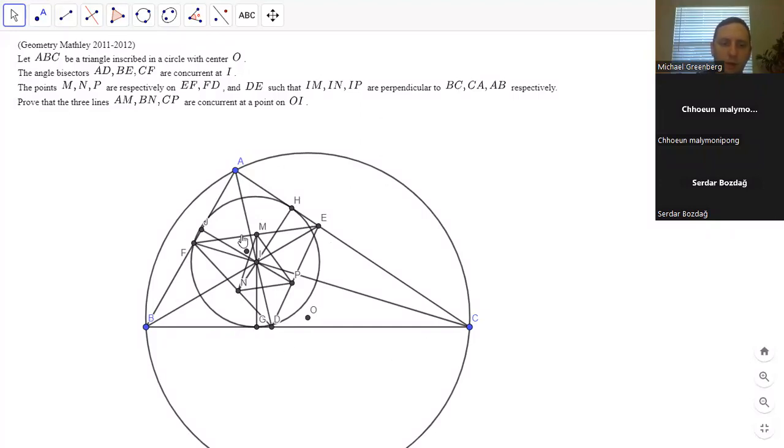So yeah, I think it might be equivalent to showing that DM, FP, and EN are concurrent. Is that true? Yeah, it's Ceva's theorem. If we prove it, then we will prove that AM, BN, and CP are concurrent.